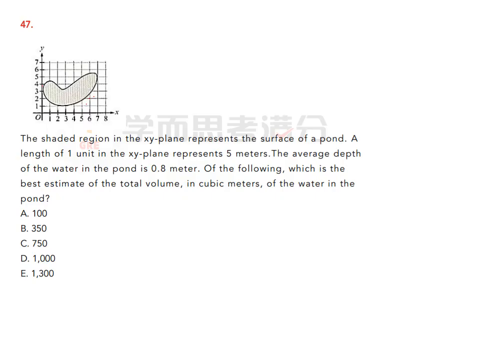Of the following, which is the best estimate of the total volume in cubic meters of the water in the pond? Now, the pond starts where y is 1 and ends where y is 6, and in the x-axis it goes up to 7 or 8.